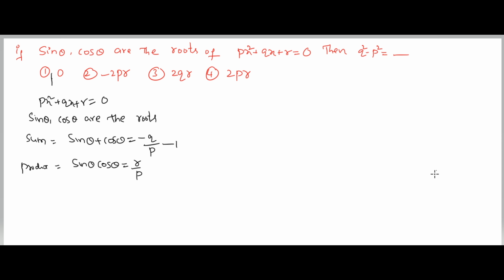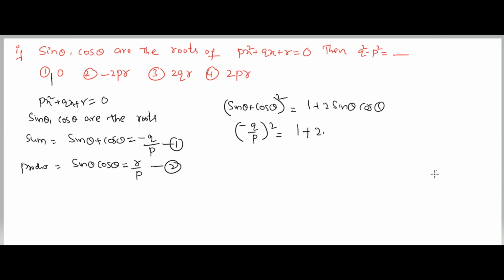This is the first equation and the second equation. From these two equations, sin theta plus cos theta whole square is equal to 1 plus 2 sin theta cos theta. Sin theta plus cos theta value is minus q by p whole square is equal to 1 plus 2 into sin theta cos theta value is r by p, that is q square by p square minus 1 is equal to 2r by p.